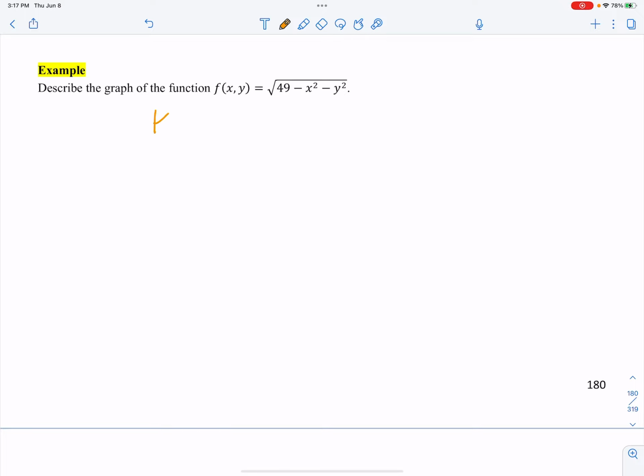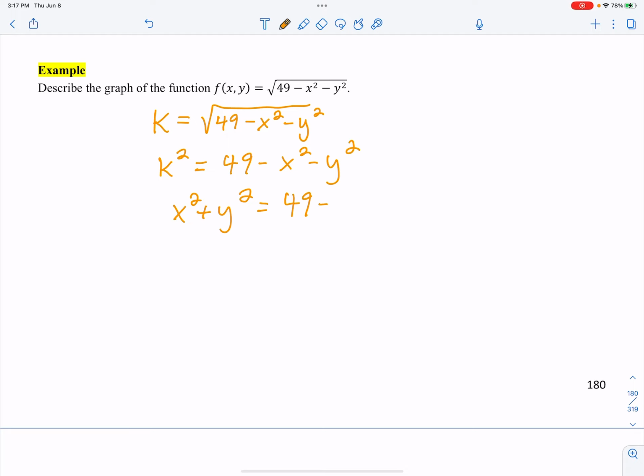So we want to make a contour map. I'm going to let the output be a constant. So I get k equals 49 minus x squared minus y squared. If I start working this out, I get k equals 49 minus x squared minus y squared, so x squared plus y squared, if I move those over, equals 49 minus k.